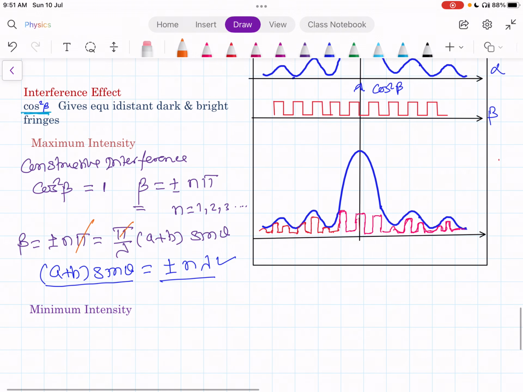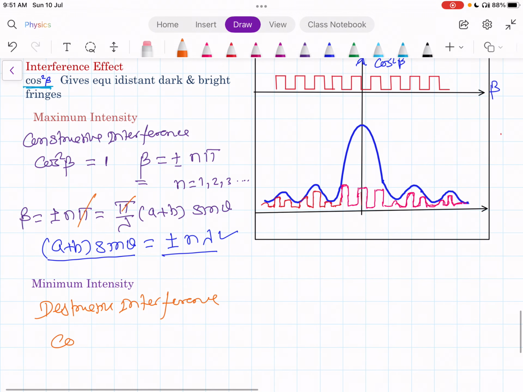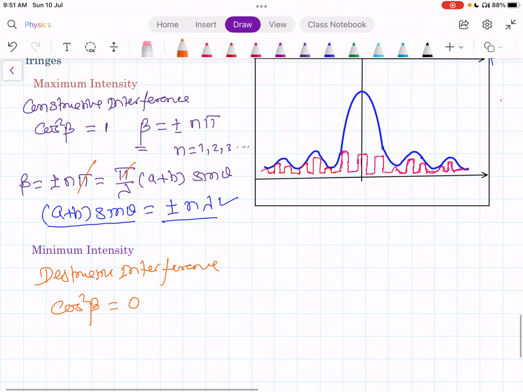Then when will we get the minimum intensity? That is destructive interference. For destructive interference, cos square beta should be 0, and that is possible only when beta is equal to plus minus 2n plus 1 pi by 2.